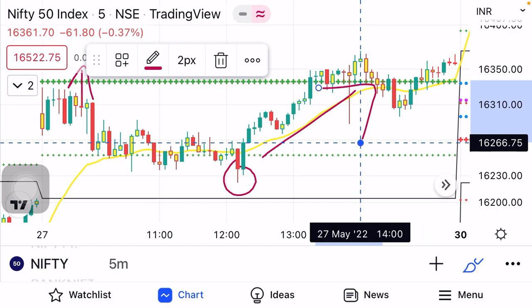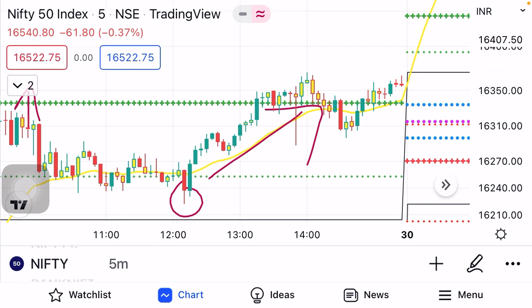Just book your stop loss, that's it, and move on to the next day. Stop loss hitting is common in trading. So on 27th our stop loss will get hit. That is maybe the 4th stop loss in this month. For the last 3 months I'm seeing only 1 or 2 stop loss hits. This is the month where we are getting many stop losses.